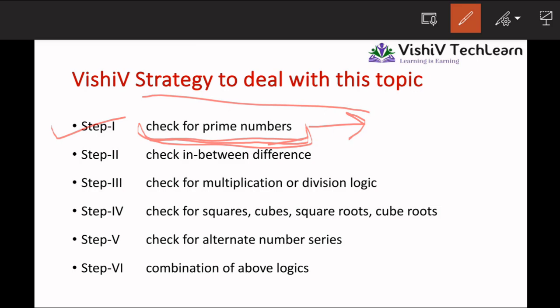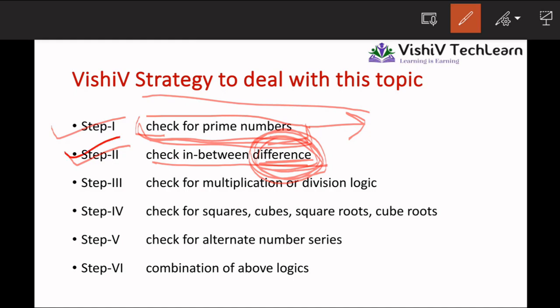If they are not related to prime numbers, then the next step is to check for differences. Whatever problems I have seen in the topic number series, 70-80% of the problems will get solved by this single logic of difference.